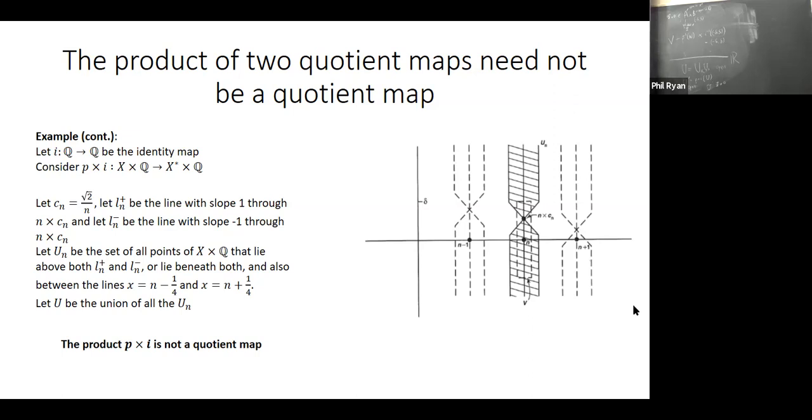So U prime can't be open. V is not contained within this. There's no such neighborhood. So U prime cannot be open. So P cross I is not a quotient map. That's a pretty fun example, I think.